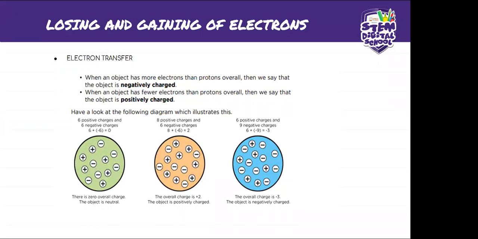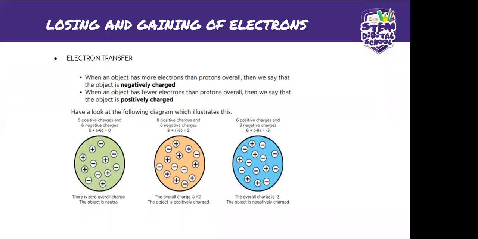Now let's look at this diagram, which illustrates this. The first one, if you count, we have 1, 2, 3, 4, 5, 6 negative charges and 6 positive charges. When we add them together, we get 0.